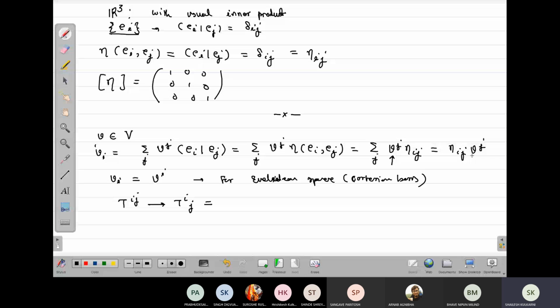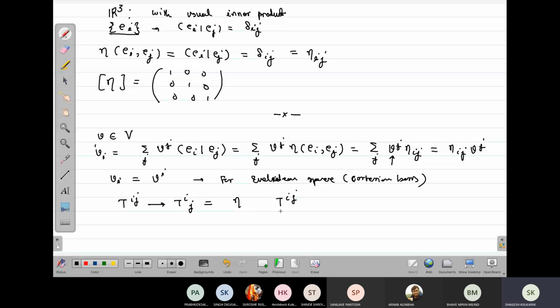Clear? Now I have given you a contravariant tensor of rank 2, and I want a mixed tensor of rank 2. This can be done by using one metric, eta.